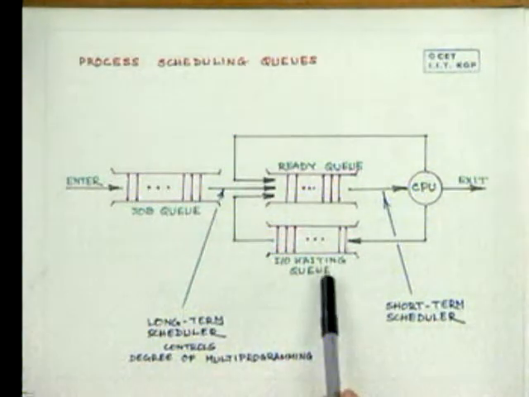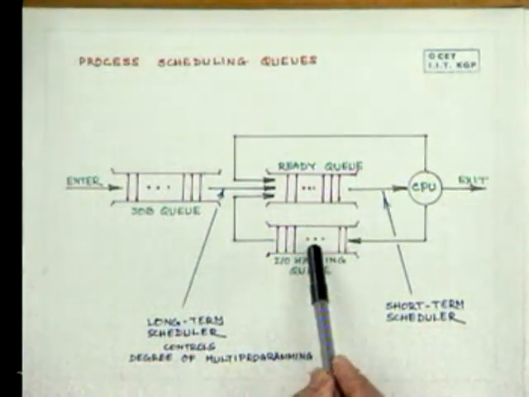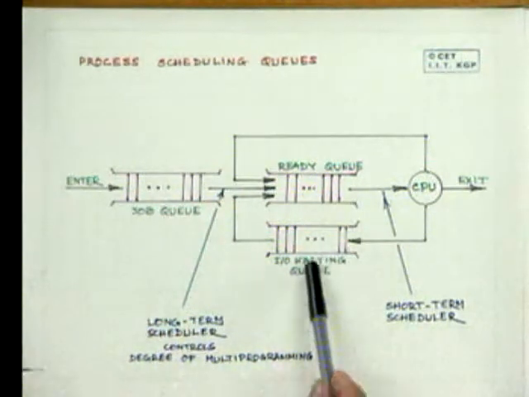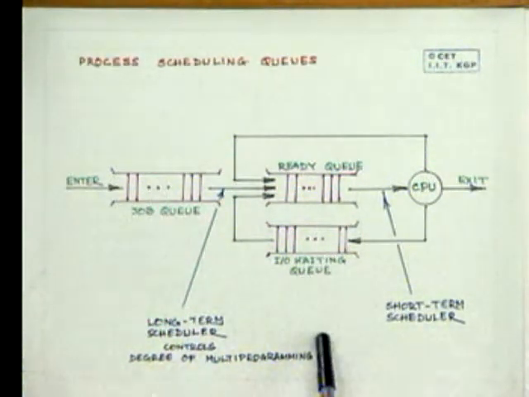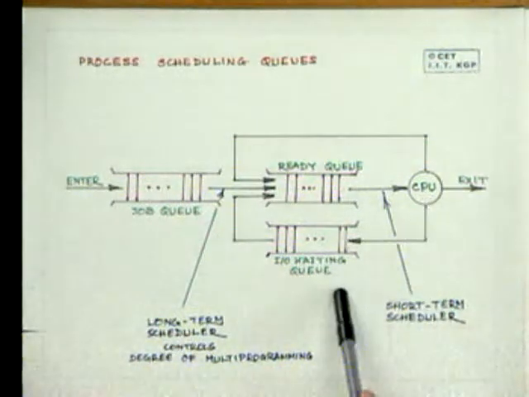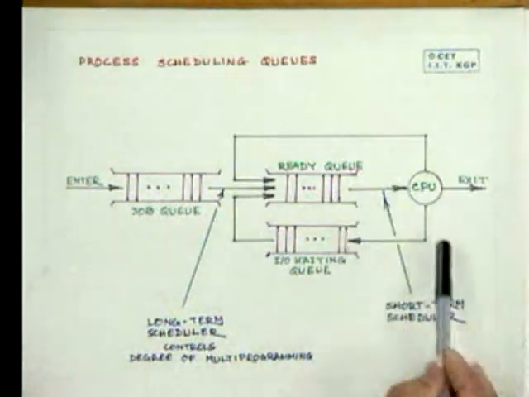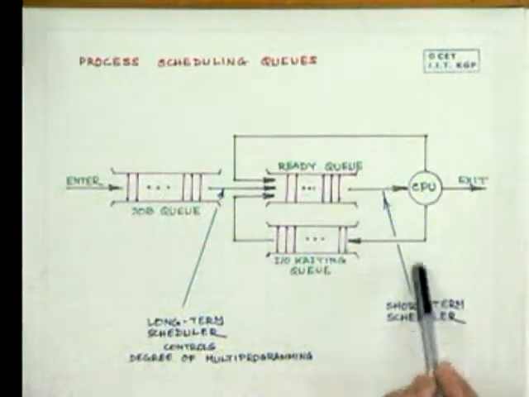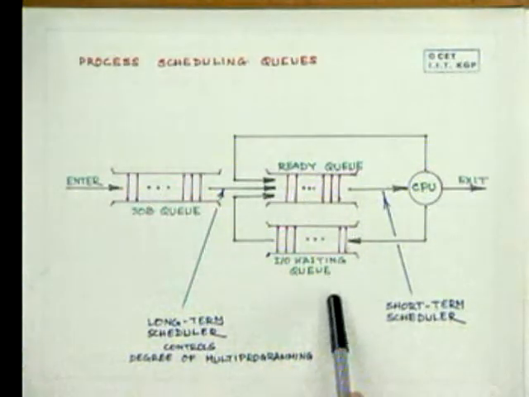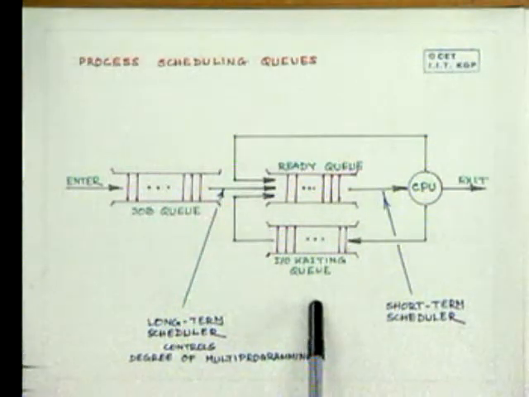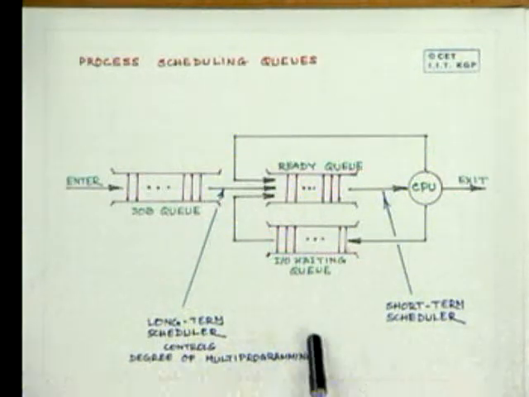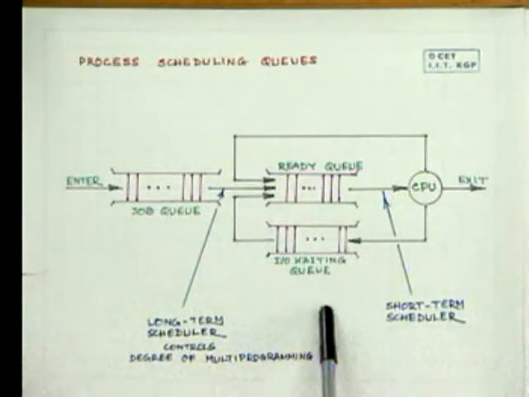Now, as I said, there will generally be more than one IO waiting queue over here. That means the operating system will put the process into the IO waiting queue corresponding to the cause of the waiting.